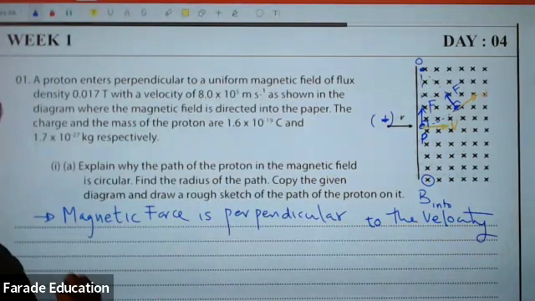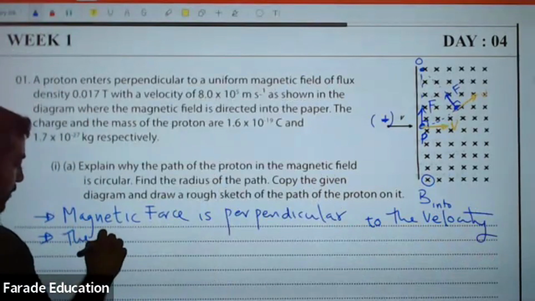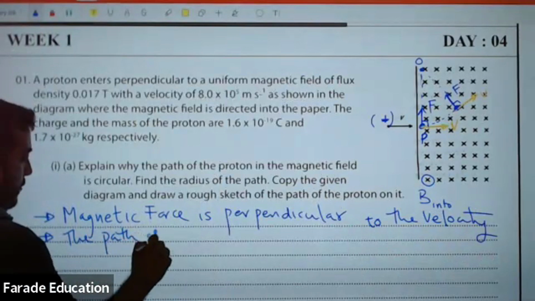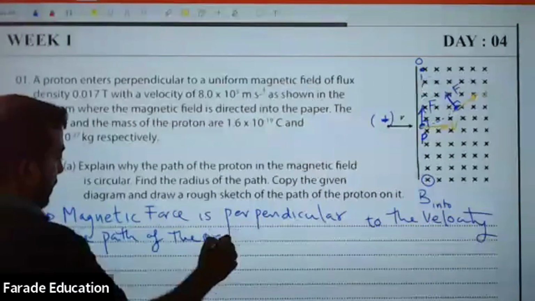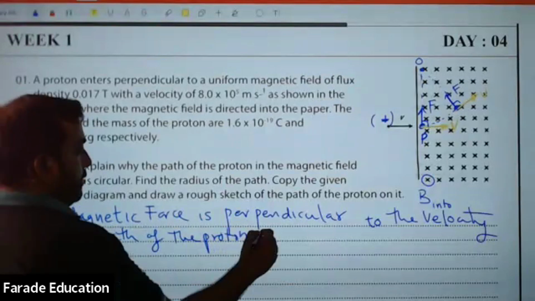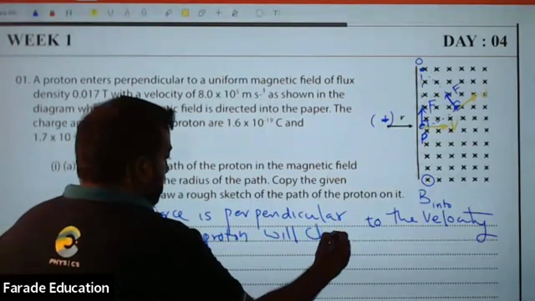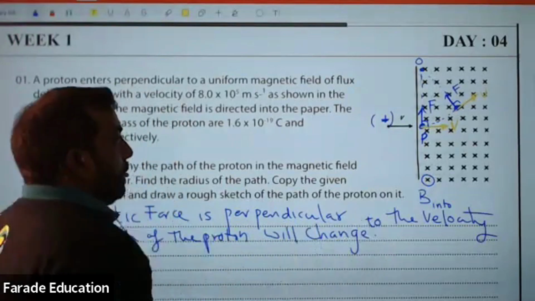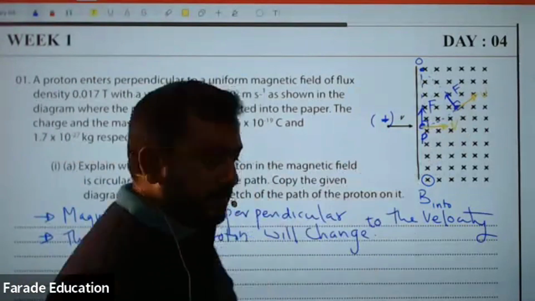Second point: the path of the proton will change.